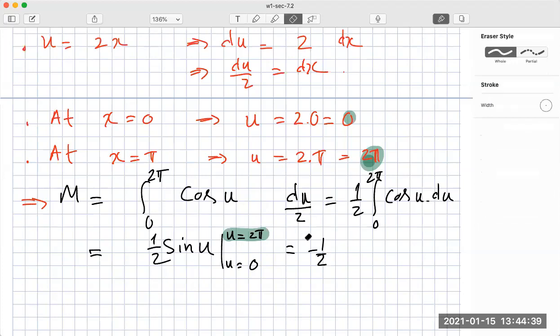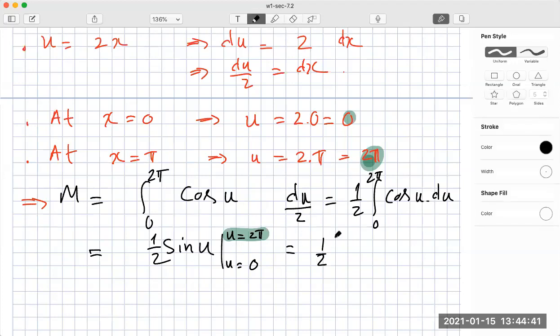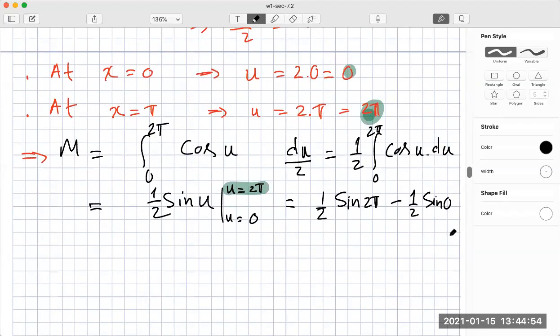So replace the value here, it will be 1/2 of sine of 2 pi, and subtract sine of 0. Very good. Sine of 2 pi, what is it? Yeah, they are both 0, right?